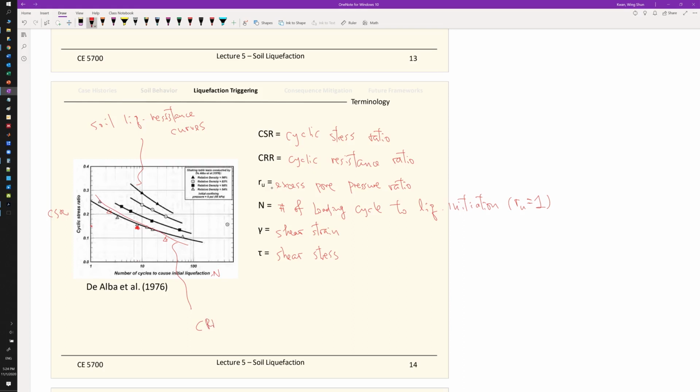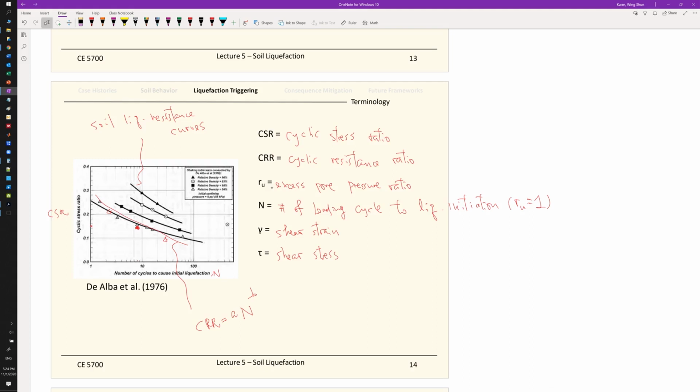You can call it CRR or CSR, but in practice, people usually call it CRR, because the CSR equals the CRR for the factor of safety equal to 1 scenario. This equals A times N, where the x-axis is N, to the negative B. A and B are soil-dependent shape factors, so if you have different types of soils, you change A and B.